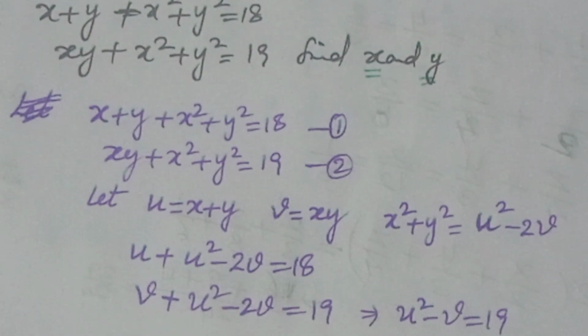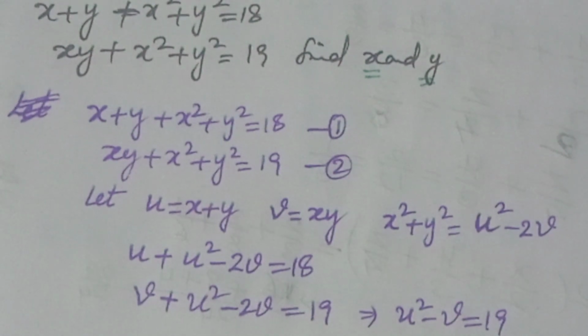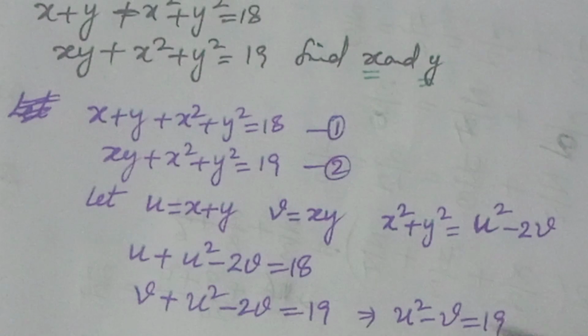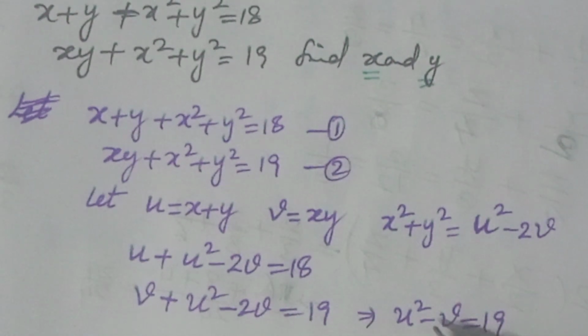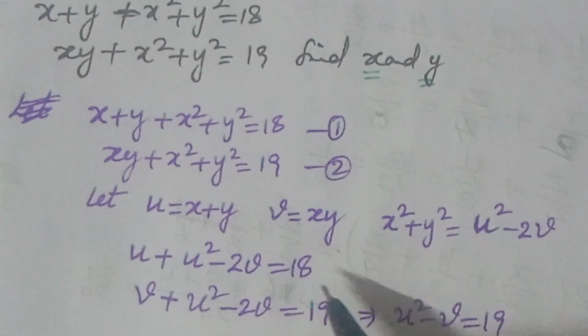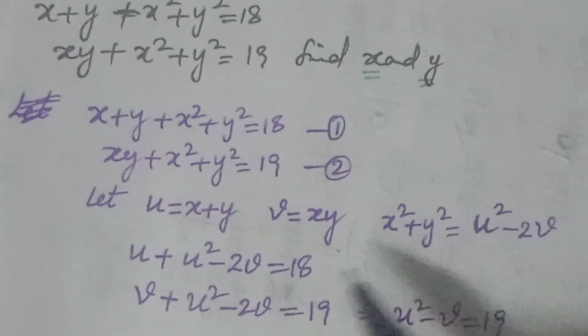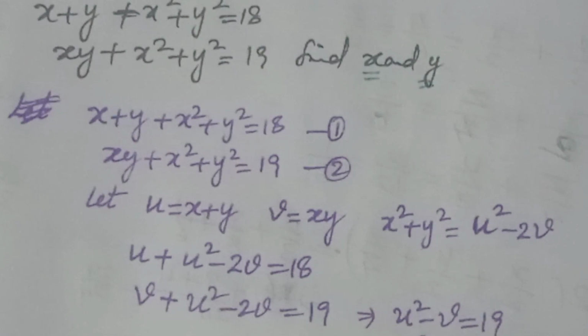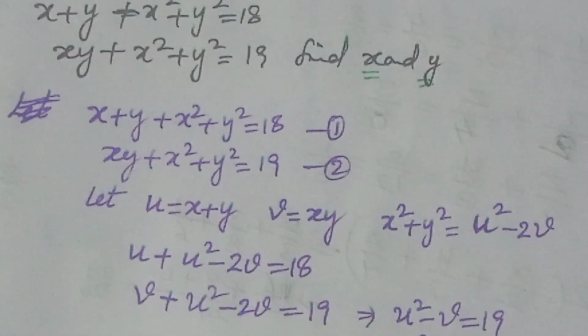So here replace the value. v value we substitute there. So u square minus 19 is equal to v.